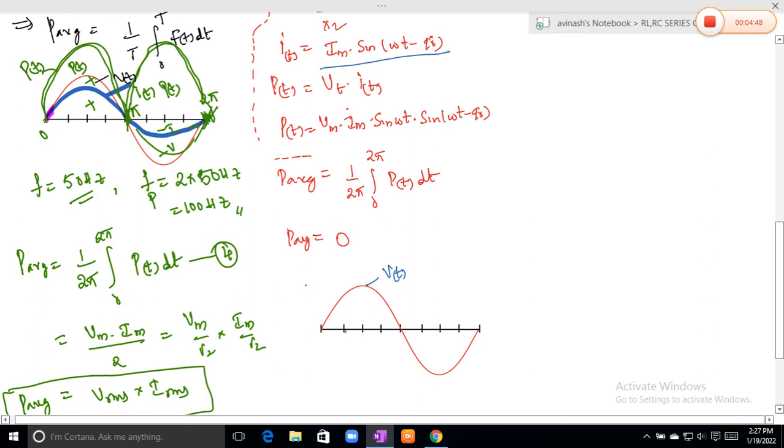For example, this is 0, this will be exactly 90, this will be 180 degrees, which is pi by 2, pi, and 2 pi. Now our current waveform is starting from 90 degrees; it is displaced by 90 degrees.